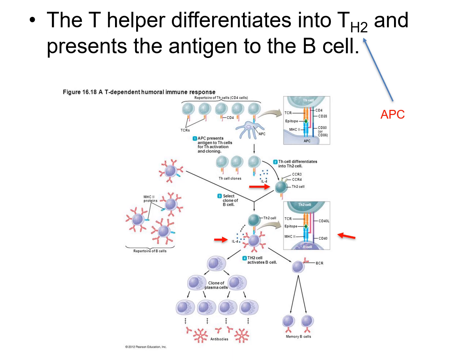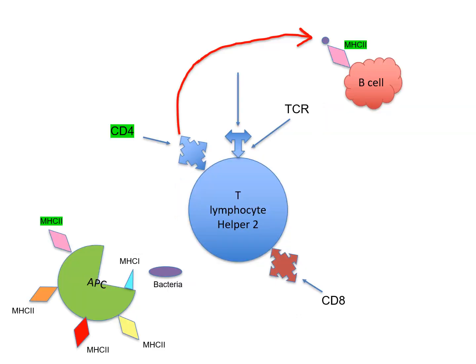It's going to create another immunological synapse. I drew a picture to illustrate that. The baseball was on CD4 of the T helper 2. It will now create a synapse with the B cell, MHC2.